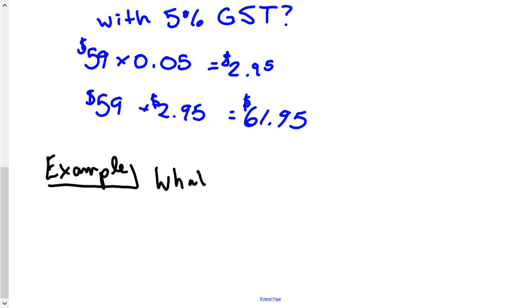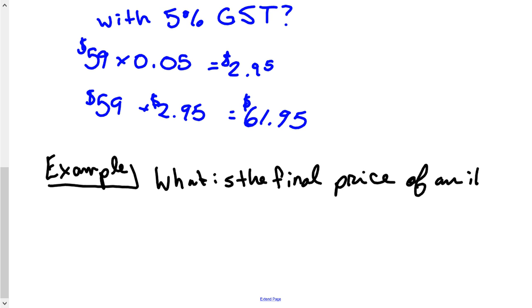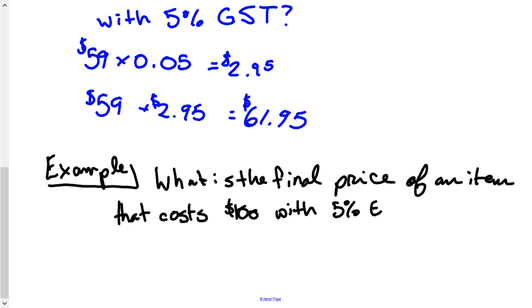So what is the final price of an item that costs $100 with 5% GST and 6% PST?